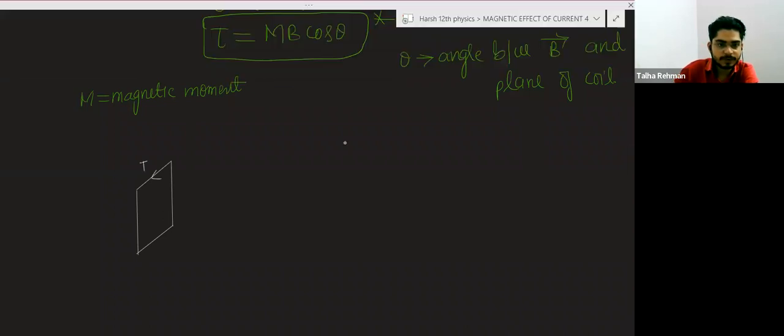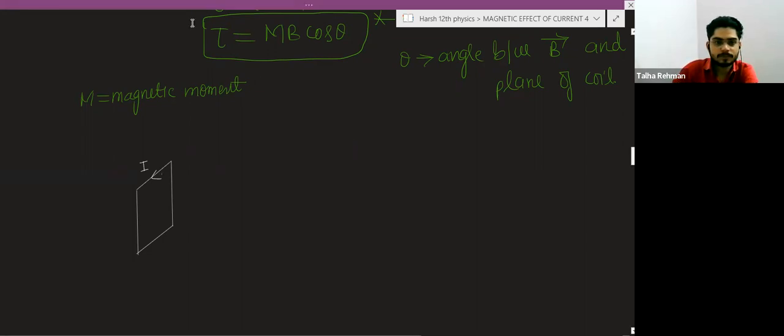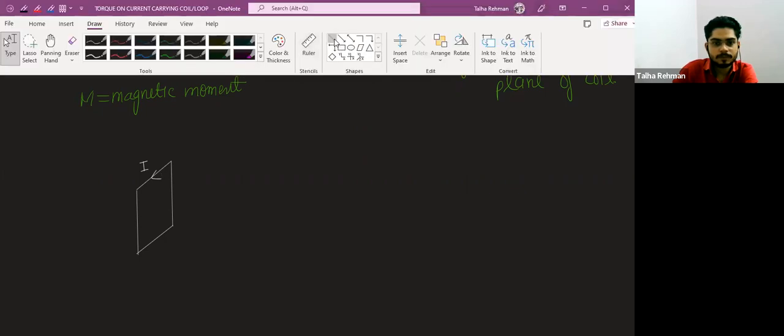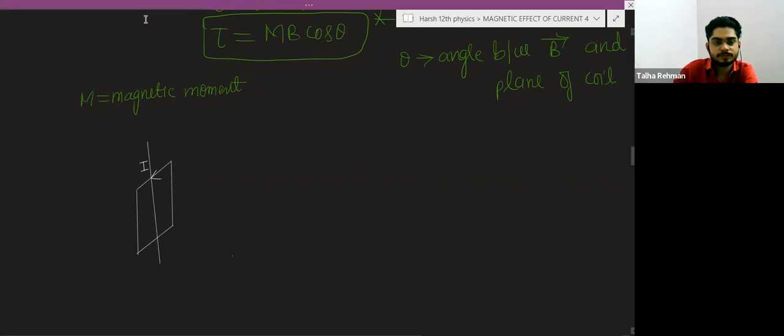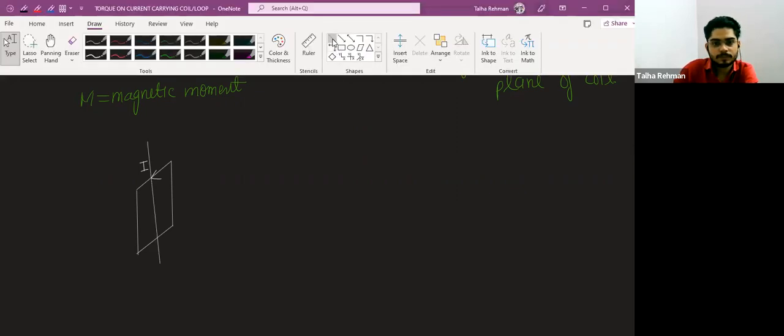This is the value of current. Current in the coil is in this direction, and this is the axis about which the coil is rotating.